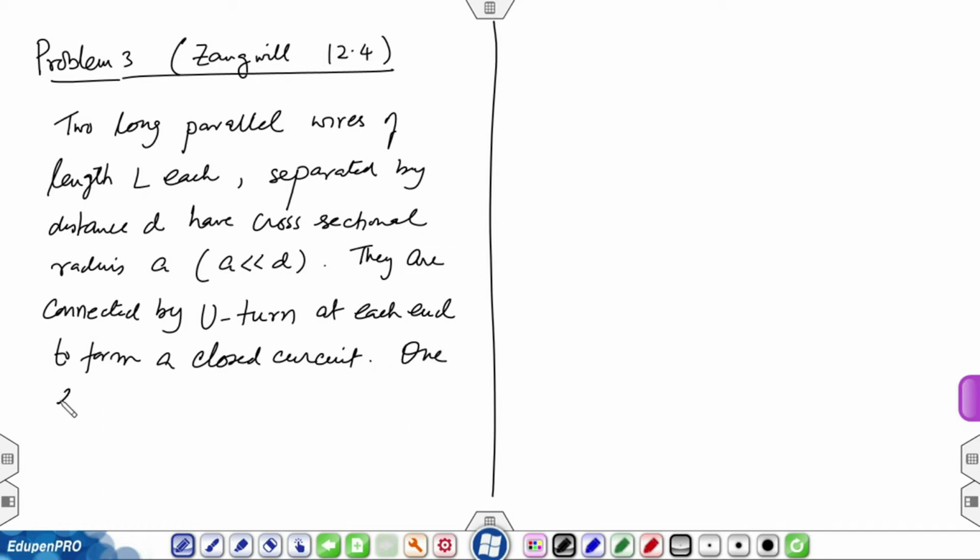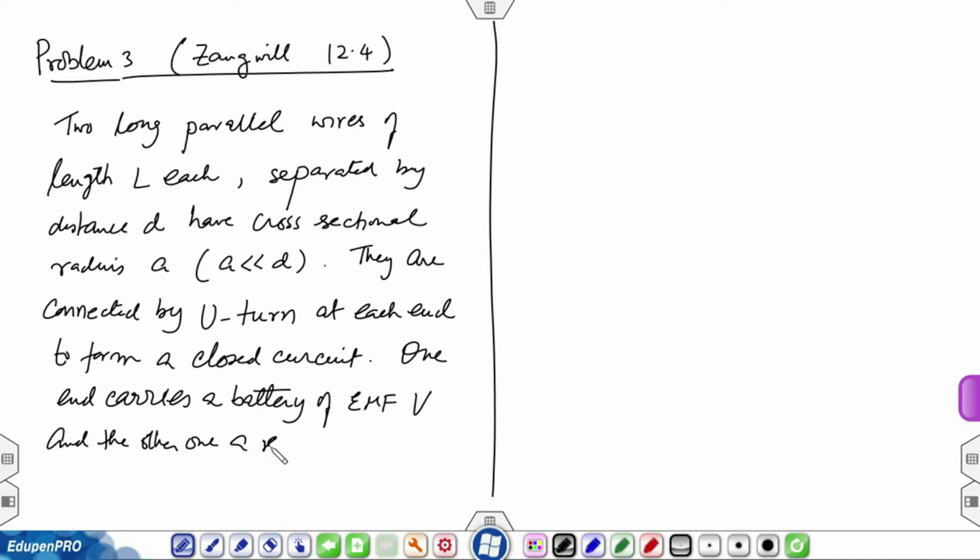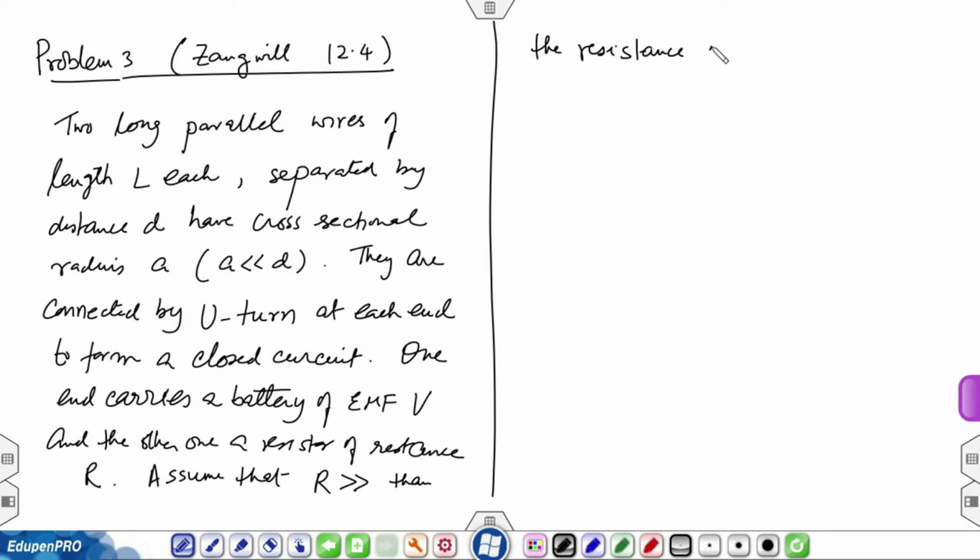One end carries a battery of EMF V, and the other one a resistor of resistance R. Assume that R is much greater than the resistance of the wires.